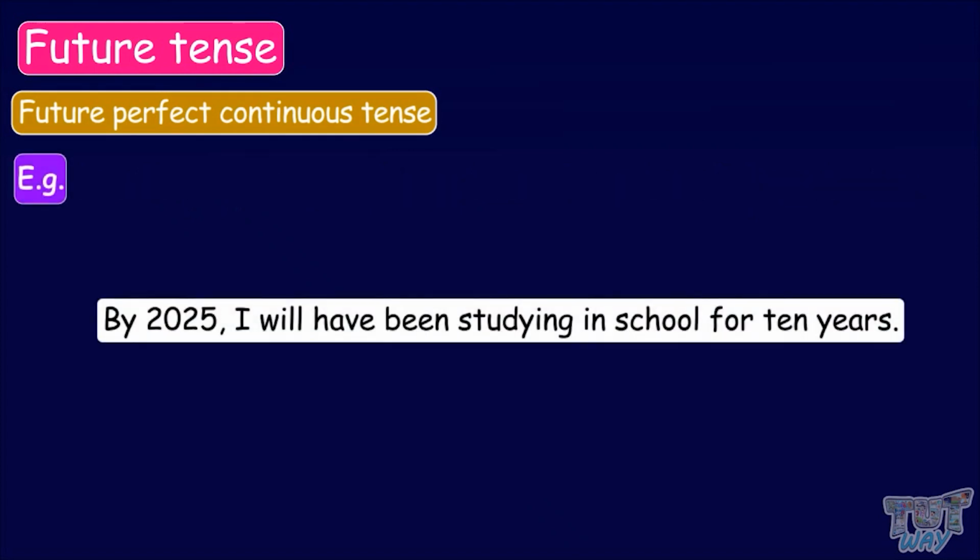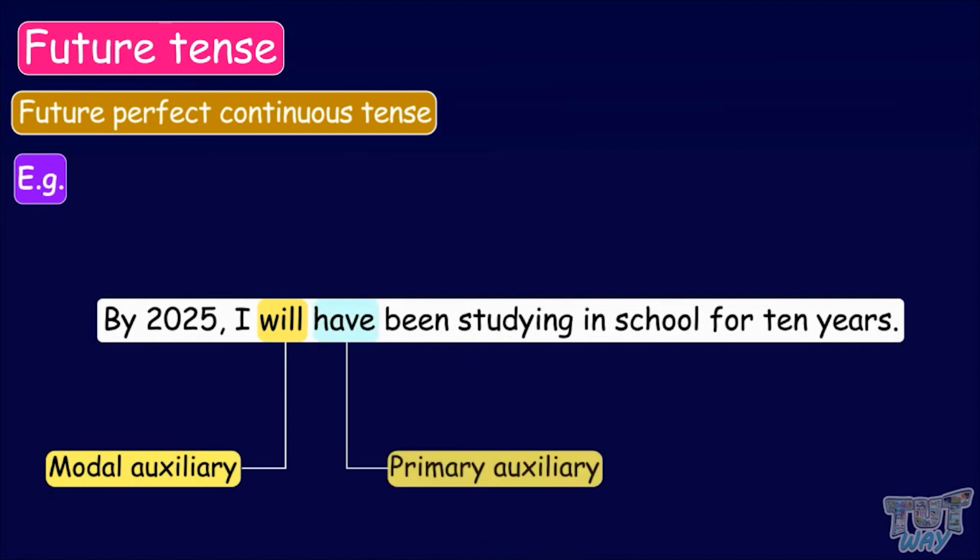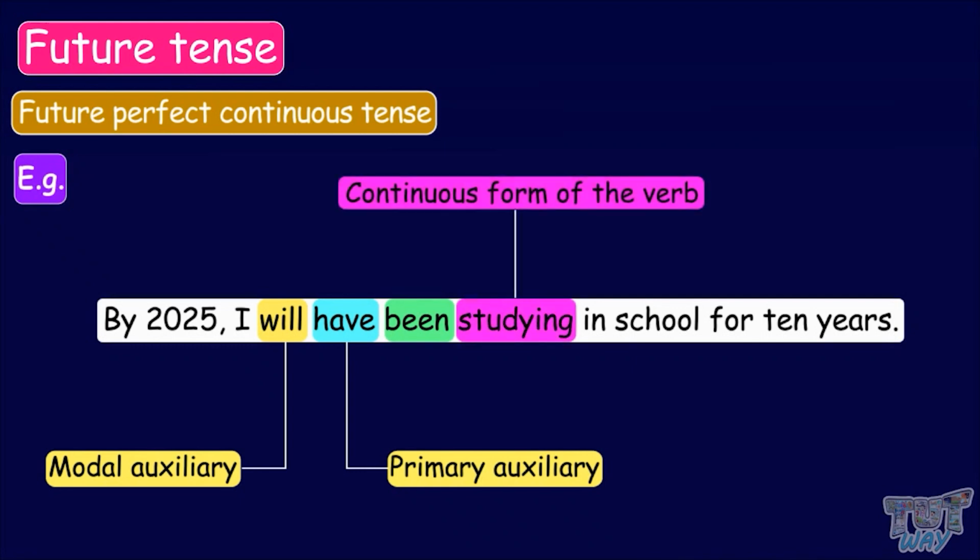By 2025, I will have been studying in school for 10 years. So this sentence shows a progressive action that will happen till 2025. And we have used modal auxiliary will, primary auxiliaries have, been, and continuous form of the verb, which is studying.